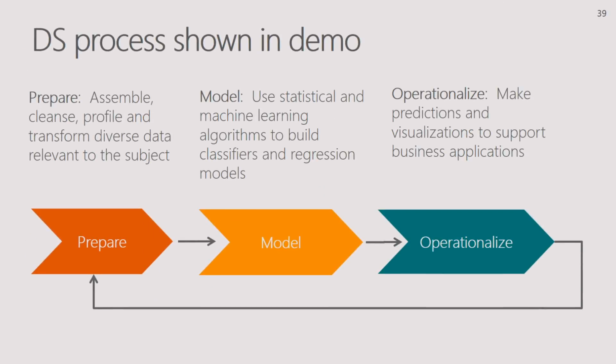Now with that, in the next couple of slides I'm going to talk about a very simplified data science process and try to do a demo showing how you could do that using the Microsoft R Server on HD Insight clusters. There are more steps than this, but I'm only going to touch on data preparation, modeling, model evaluation, and ultimately how you would operationalize that using different Azure services.